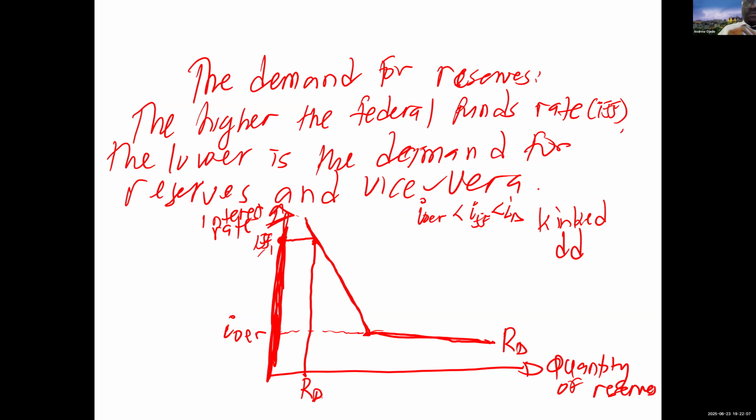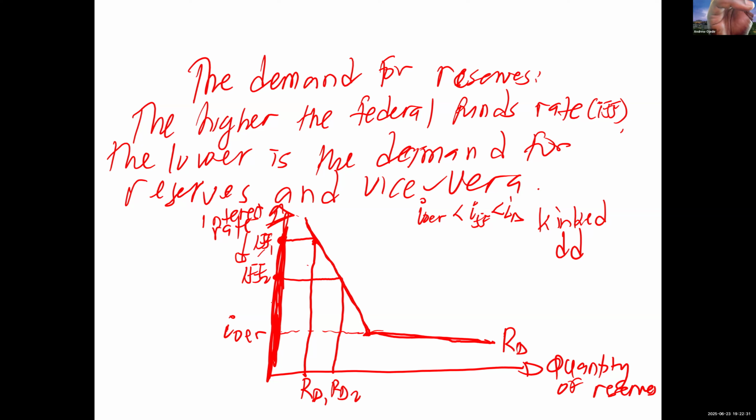You can call this RD1. But when the federal funds rate starts to fall, let's say to IFF2, from the law of demand, the lower the price, the higher the quantity demanded. The price you pay is the federal funds rate. So when the price of reserves falls, you're going to demand more reserves, RD2, because it's getting cheaper and cheaper to borrow money.